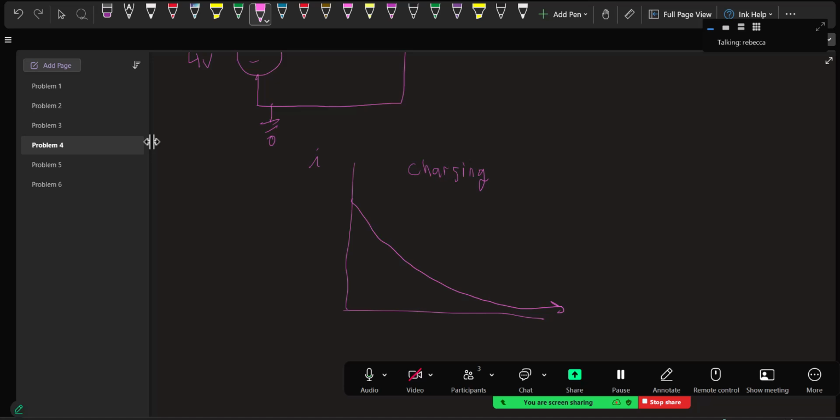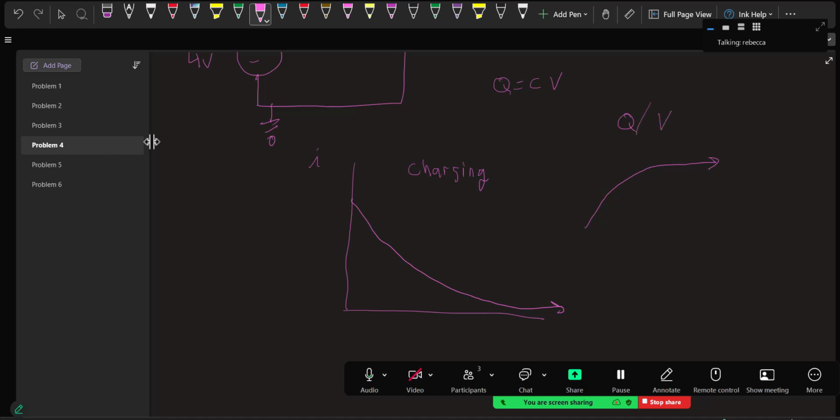This is showing the charge on it. So that's the charge on a capacitor. So Q equals CV. Also the voltage looks like that.